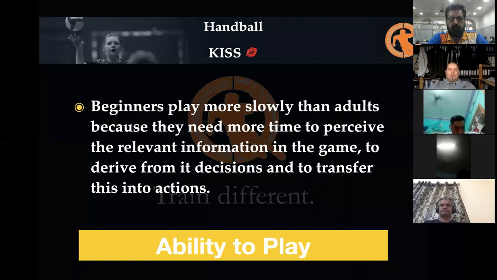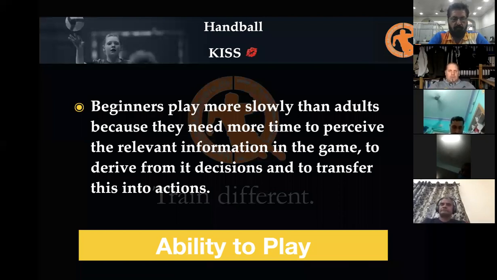So that's why in younger age categories, we play with a smaller number of players, 3 against 3, 4 against 4, because with that we reduce the amount of information on the court, and so a more fluent game is possible. The more information, the more difficult it is, and that's the reason why sometimes beginners play really slowly.